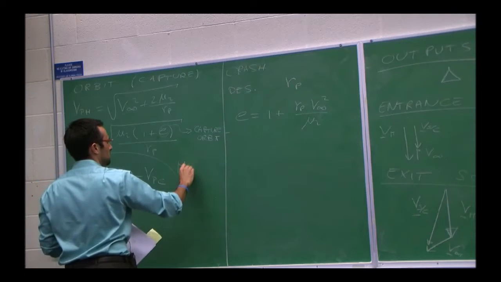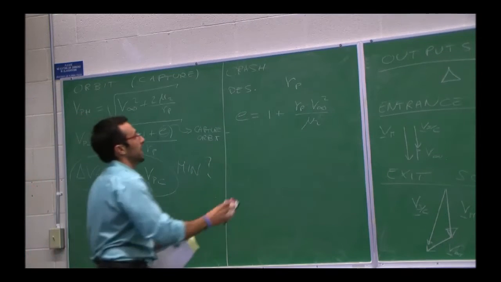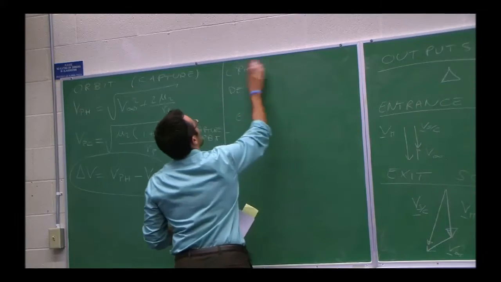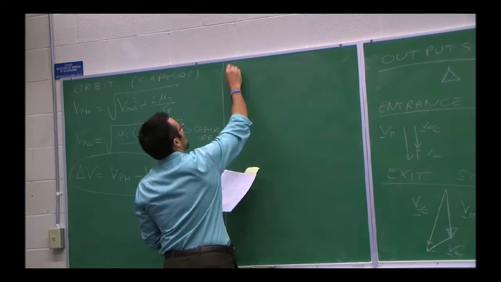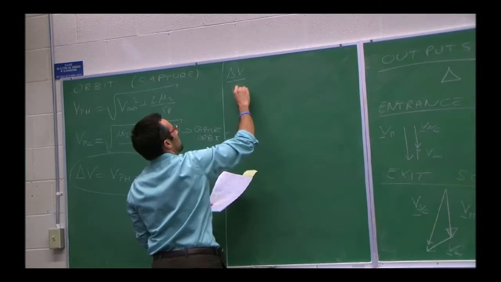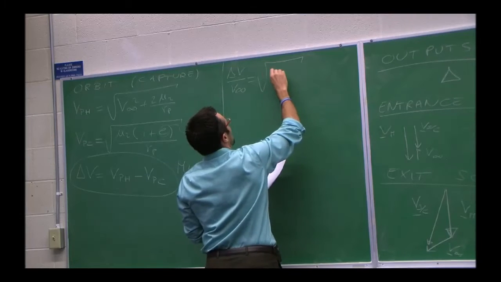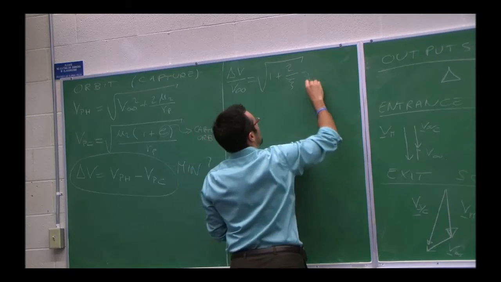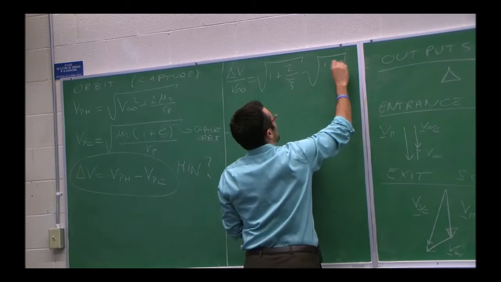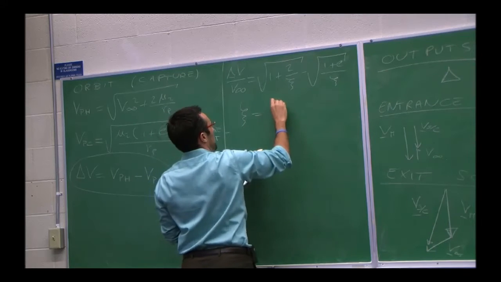So what is the minimum for this thing? Without doing it specifically, what you can do is just rewrite this expression, normalize it by V infinity. The delta V over V infinity is going to be square root of 1 plus 2 over epsilon minus square root of 1 plus e over epsilon, where this epsilon variable is the one you need to determine.